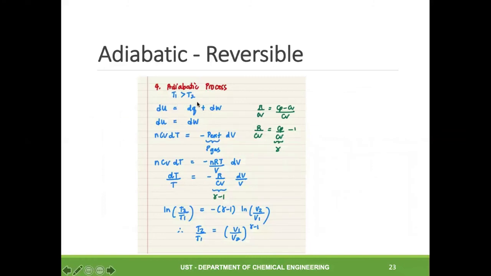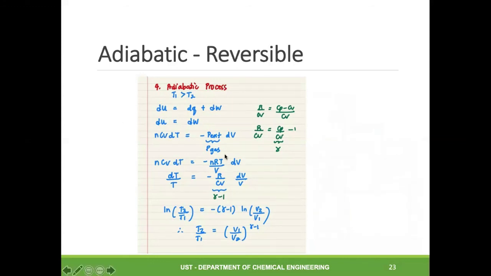So if T1 is greater than T2 here in the adiabatic process, dU is equal to dq plus dW. Now, since dq is equal to 0, dU is equal to dW. So, substituting nCv dT for dU is equal to negative P external dV. And this is equivalent to P of gas.